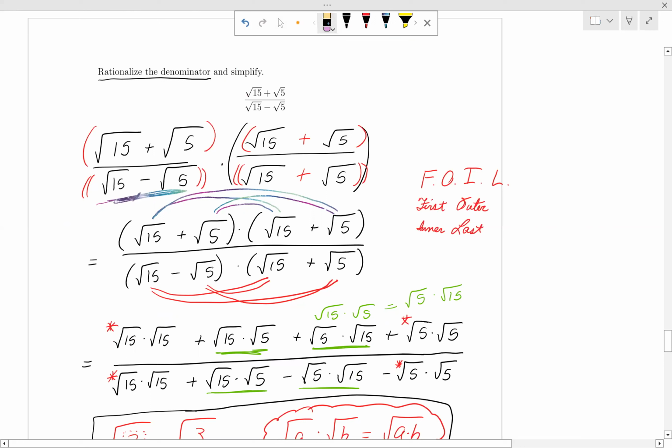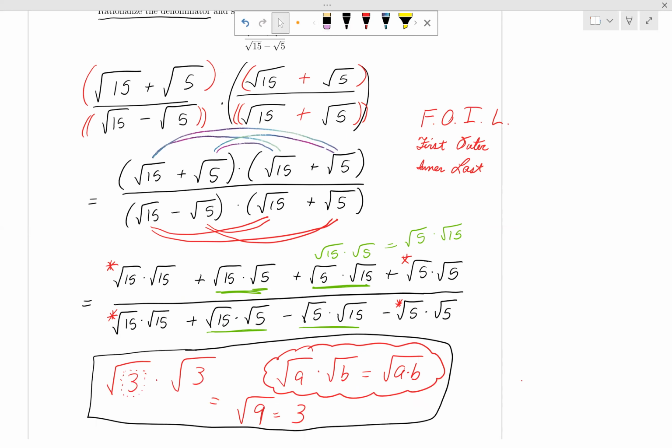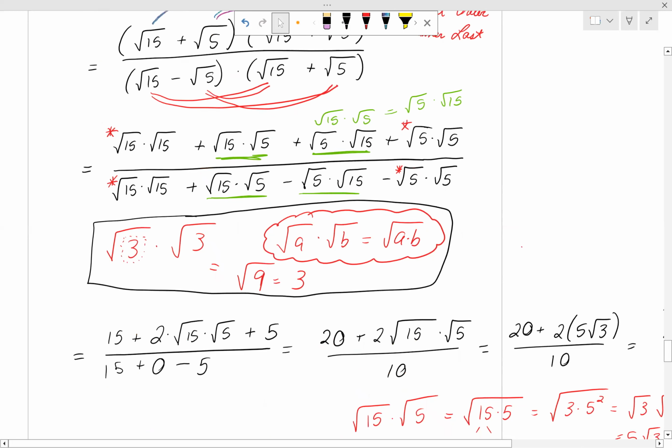I'm trying to erase this little line right there. All right. So where we had this minus right here in the denominator, we replaced it with a plus. All right. And then we used FOIL to multiply these out. And that's how we got to this big long thing. And then from here, we were simplifying stuff.